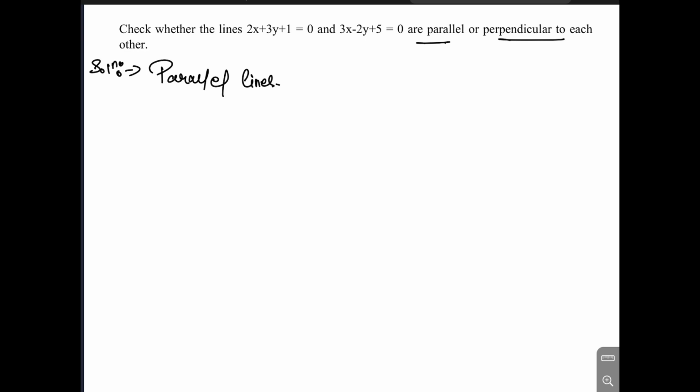There is a formula, I can say m1 equals to m2 in the case of parallel lines, whereas in the case of perpendicular lines, m1 into m2 equals to minus 1 should come here.